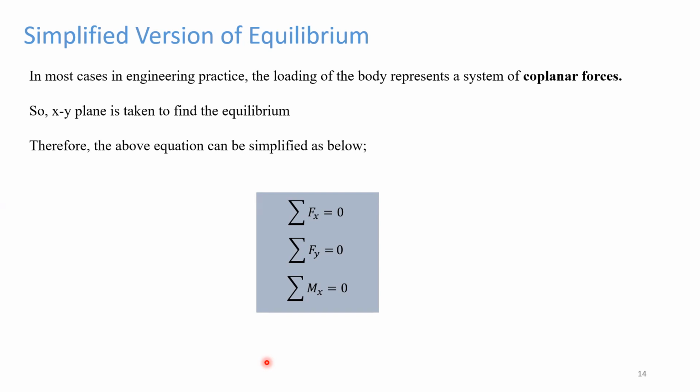Then it definitely is affected by the wind force, because if we have a strong wind, the building should be able to withstand it. So we have to take the wind into account.